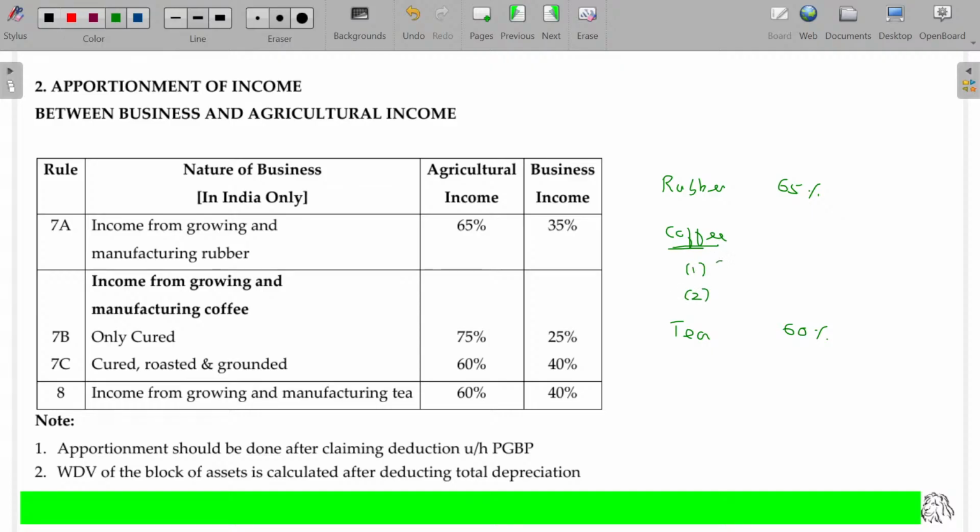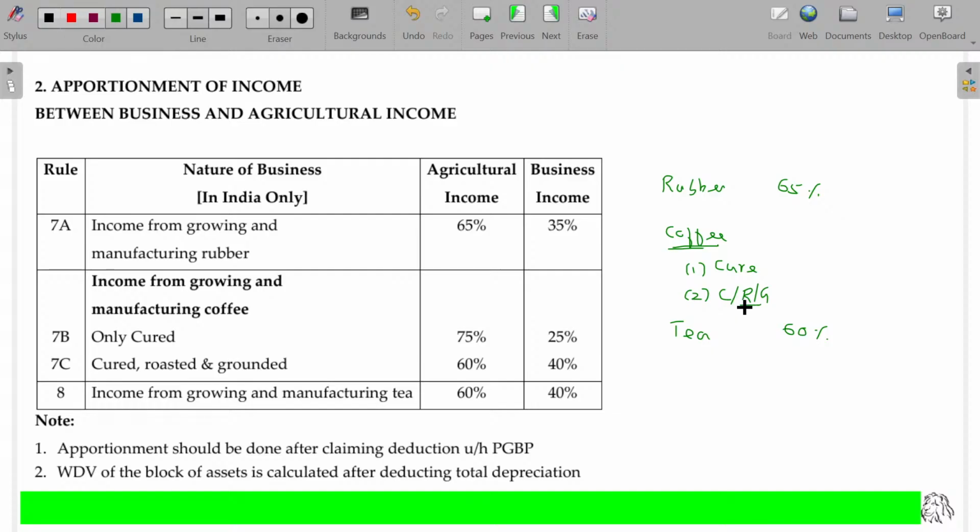Curing and selling, or curing, roasting and grinding and selling. When you are plucking the coffee seeds from the tree and selling as it is, that is called curing and selling. But no one likes it. Then you have to roast it, remove the unwanted peels, and convert that into powder by grinding. Then you can sell.